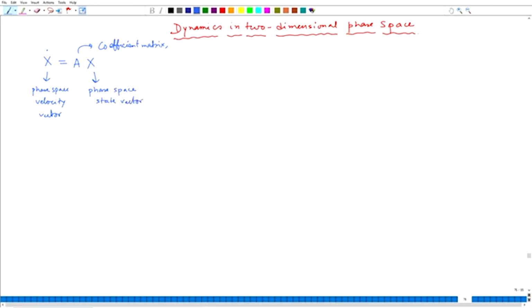If I can write, this is composed of phase space coordinates, this is composed of phase space velocities. Then we actually can show x is equal to e to the lambda t times v is a solution of x dot equal to Ax.